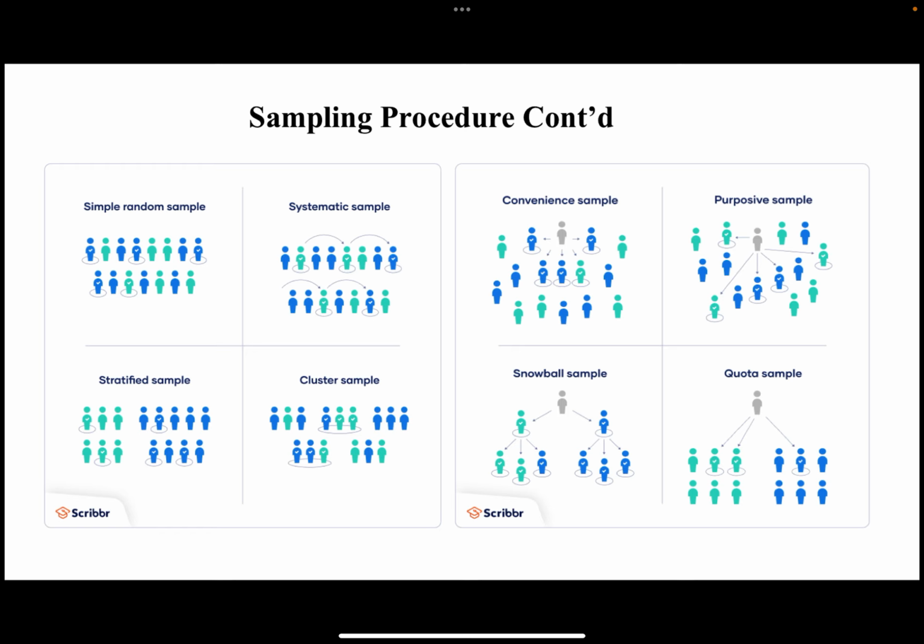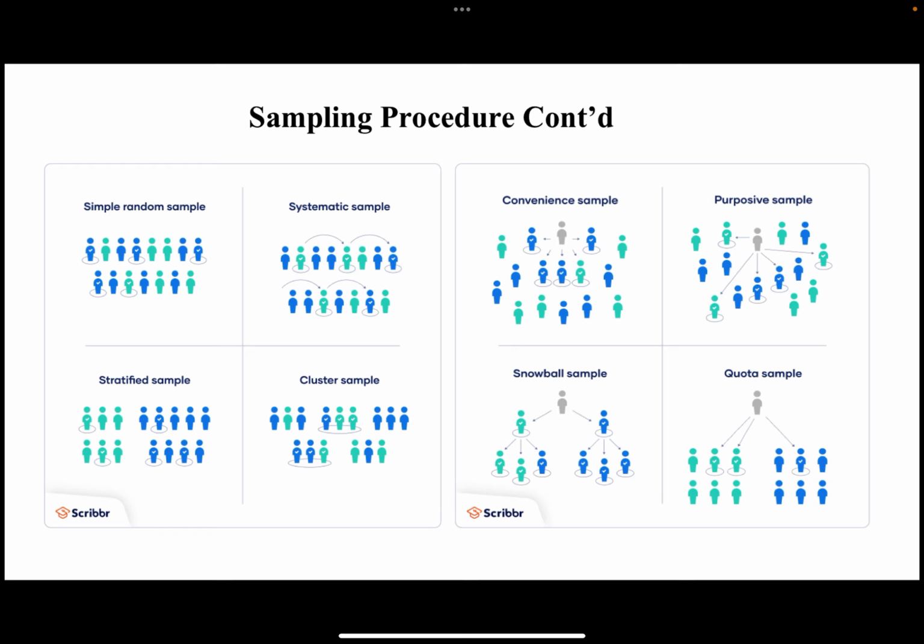Good. So we've been looking at sampling. Like I said, we have two broad types of sampling: probability sampling and non-probability sampling. I mentioned that in probability sampling, every member of the population has a known and equal chance of being selected.